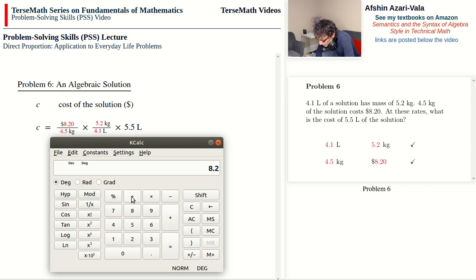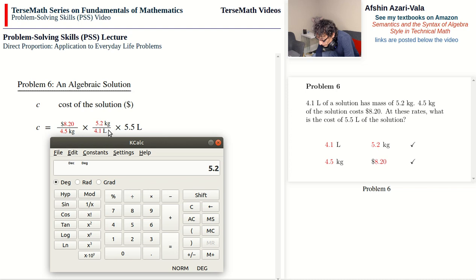So we hit divide by 4.5. Now there is no need to hit equals. Then times 5.2. Again, there is no need to say equals until the end.